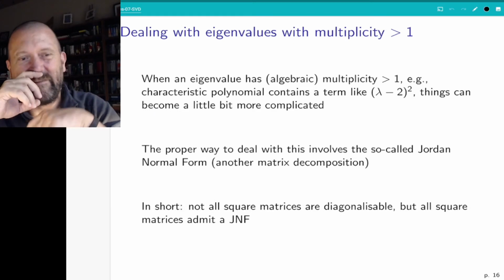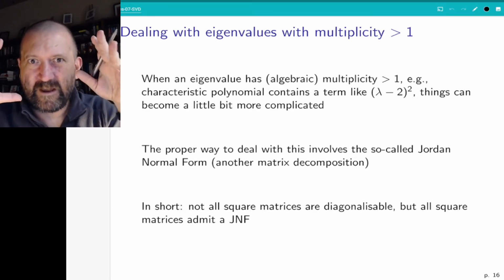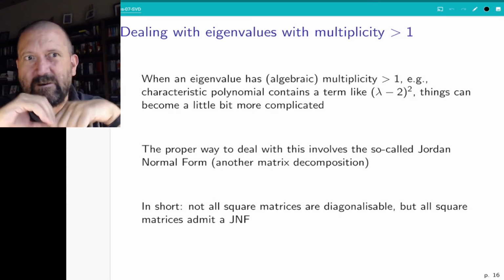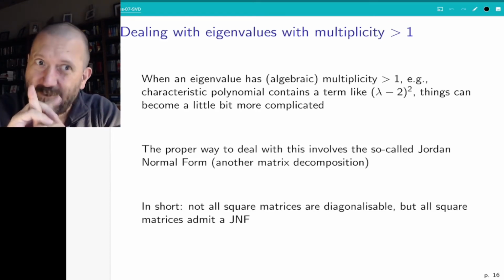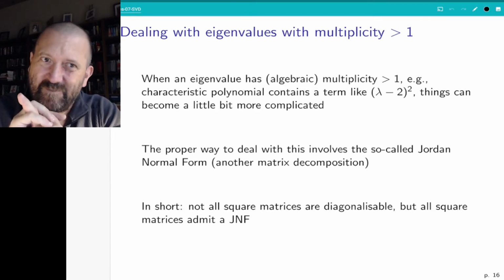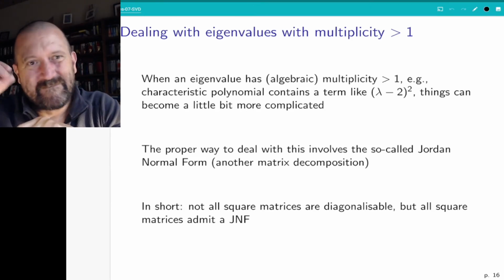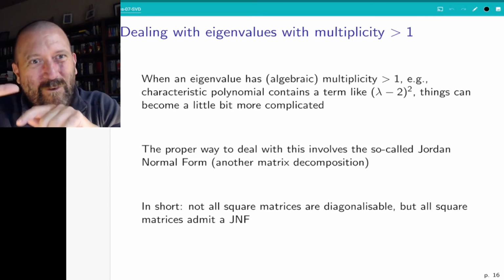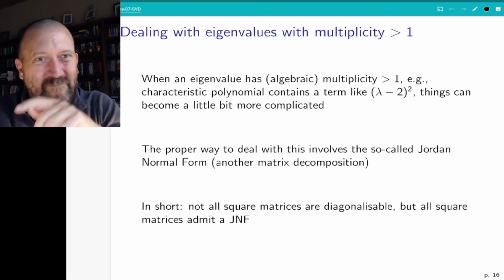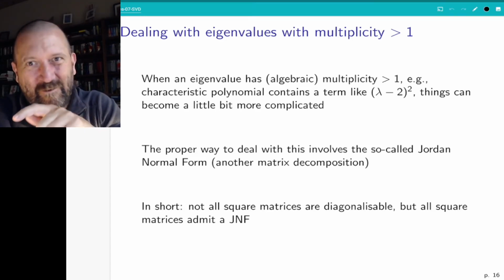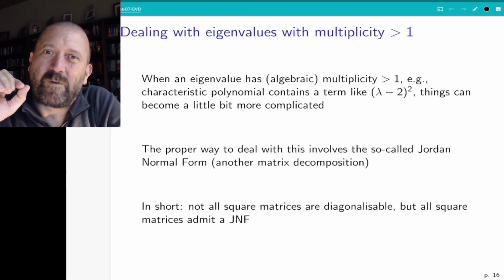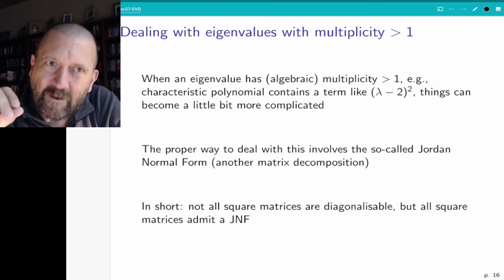So let me explain this. When you have an eigenvalue with multiplicity larger than 1, things can be more complicated than the general case of multiplicity equal to 1. First of all, I'll remind you what we call the multiplicity, and it is the algebraic multiplicity.